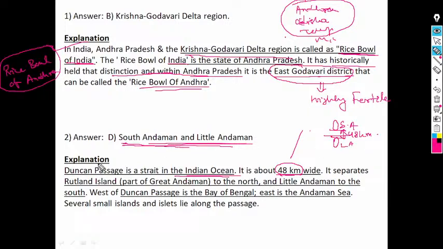It separates Rutland Island, which is part of Great Andamans, to the north, and Little Andaman to the south. West of the Duncan Passage is the Bay of Bengal, and east is the Andaman Sea. Several small islands and islets lie along the passage.